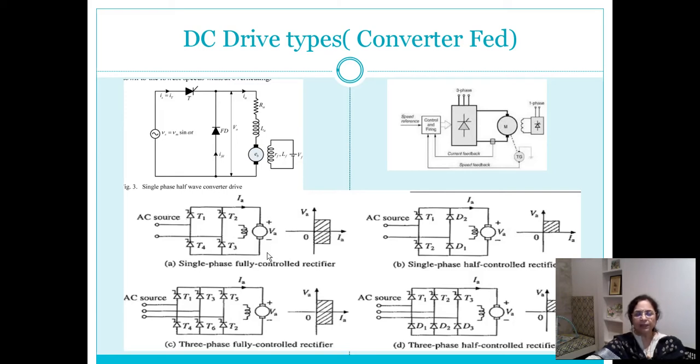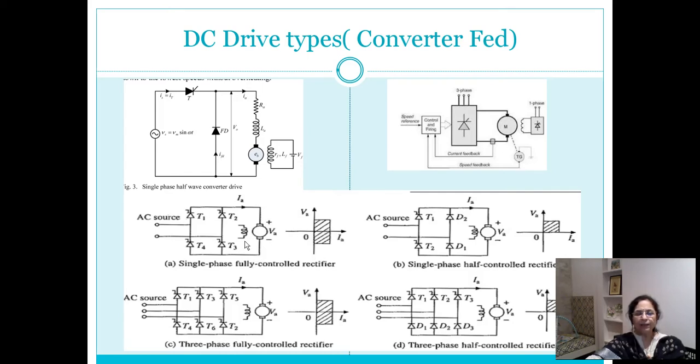But when it is connected to the armature of the motor, operation in these two quadrants, we are aware that first quadrant operation is forward motoring, whereas fourth quadrant operation is considered as reverse braking. No motor can directly go from first quadrant to fourth quadrant operation, and so even when the converter is capable of generating positive and negative voltage and one direction of current, it is incapable of operating the motor in these two quadrants.